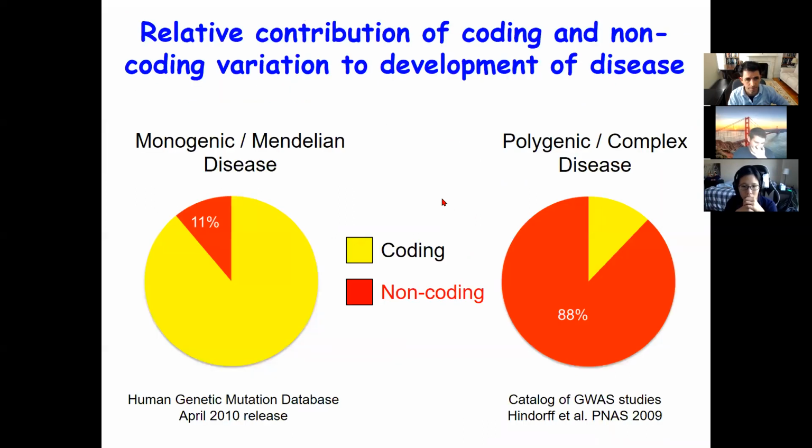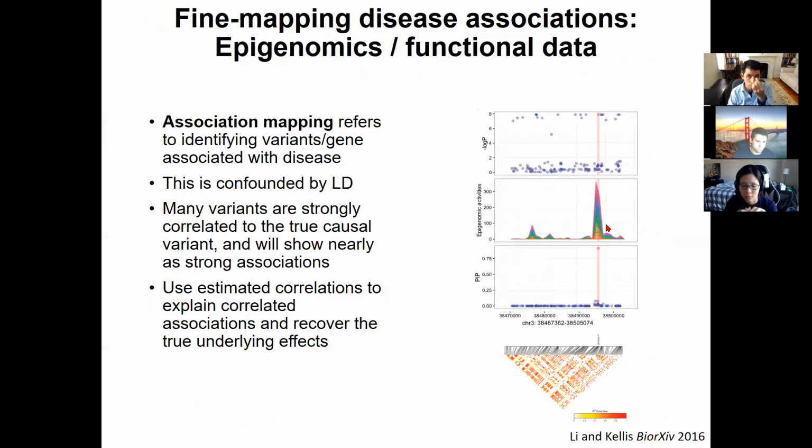We also saw this dichotomy between Mendelian disorders that are primarily affecting protein coding genes through their strong effects, and then polygenic and complex diseases that primarily affect non-coding elements rather than genes directly. We saw the challenge of linkage disequilibrium for fine mapping.